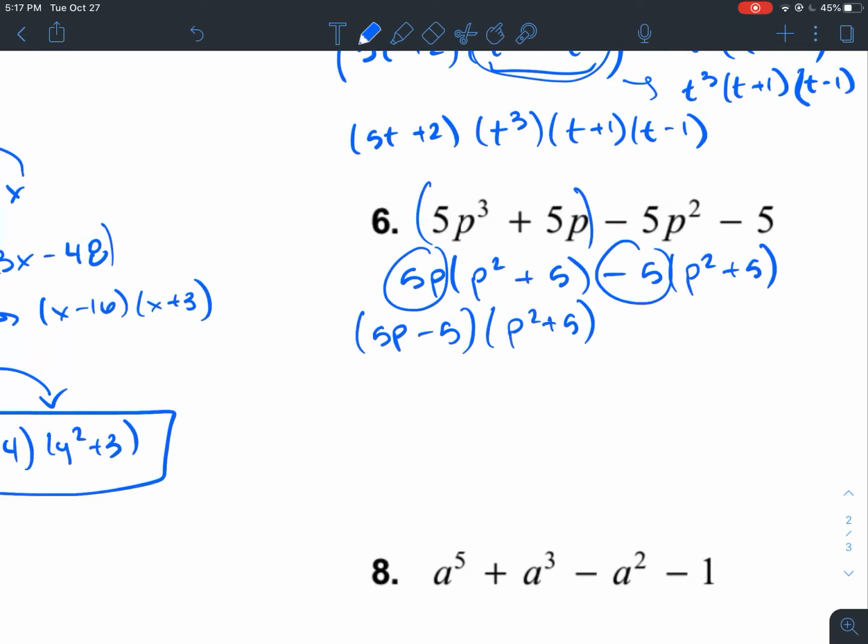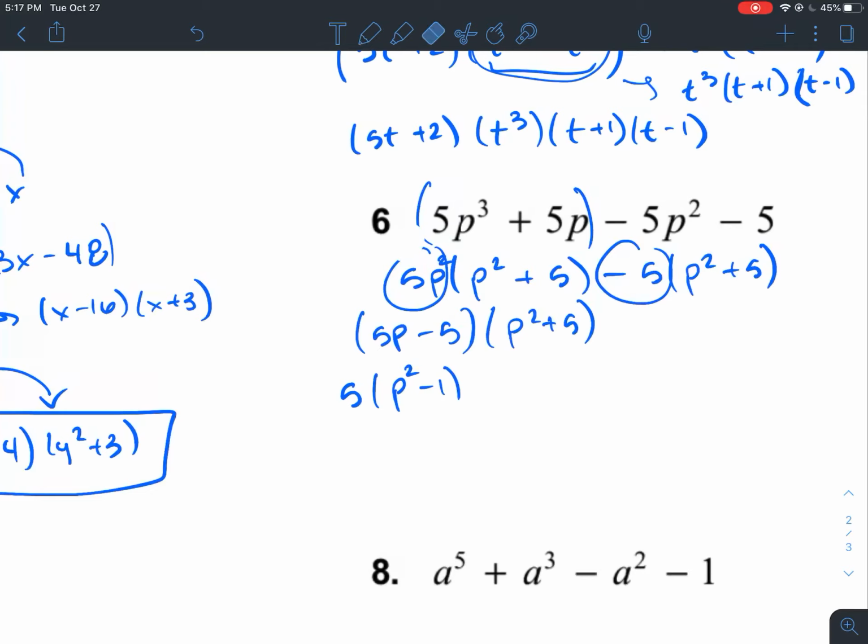So let's see here, can I factor any of these out? So from this term right here, I can factor out a 5. So now I have 5 and p squared minus 1, because I took out the p squared. Oh wait, not quite. No, yeah, it is p squared. Okay, so p squared plus 5, no, yeah, I think that's right.